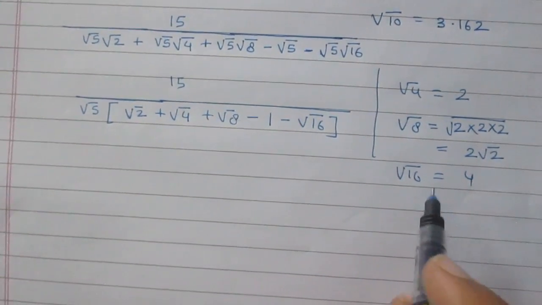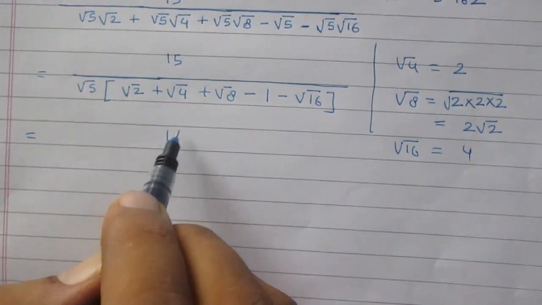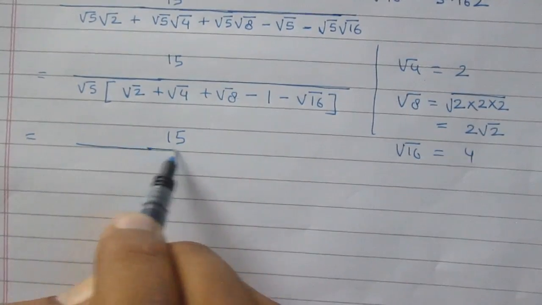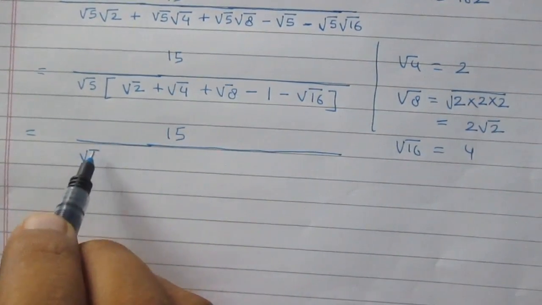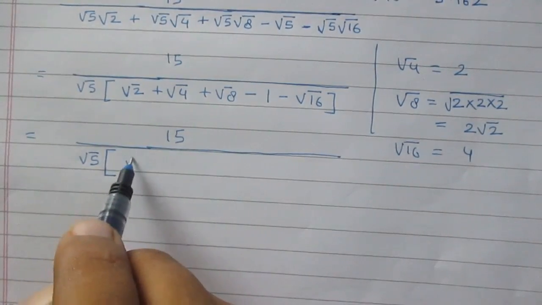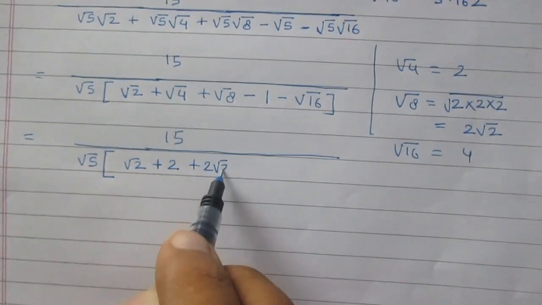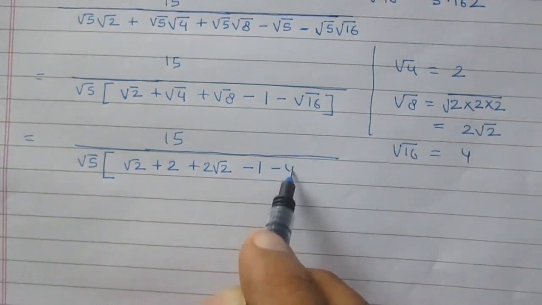So after substituting these values in the denominator, the fraction will be simplified like 15 divided by square root 5 in multiplication with the whole square root 2 plus 2 plus twice of square root 2 minus 1 then minus 4.